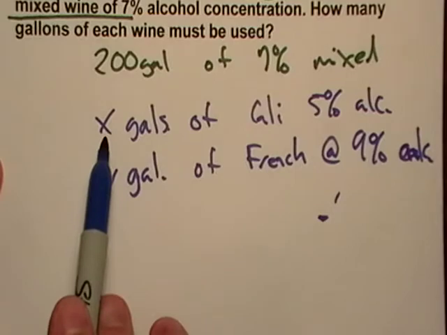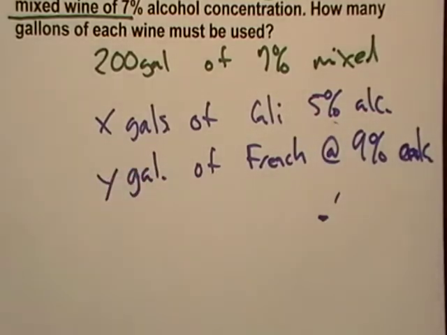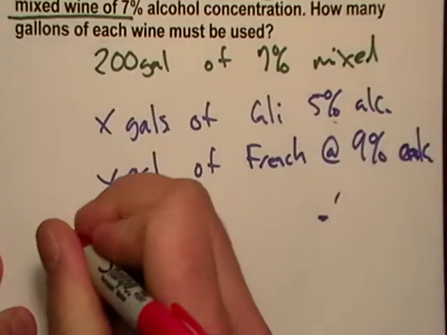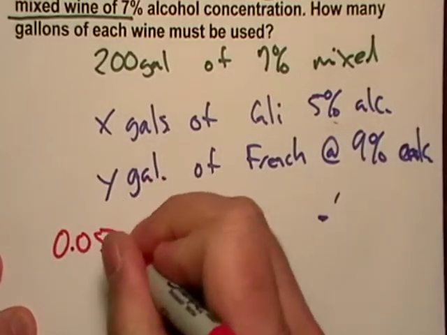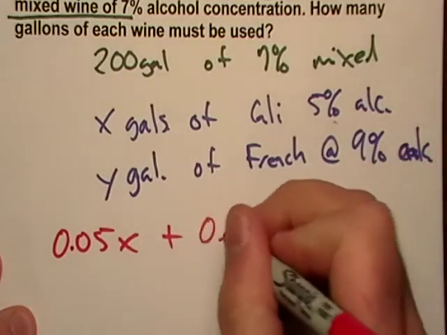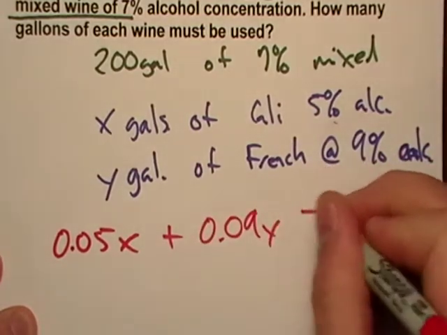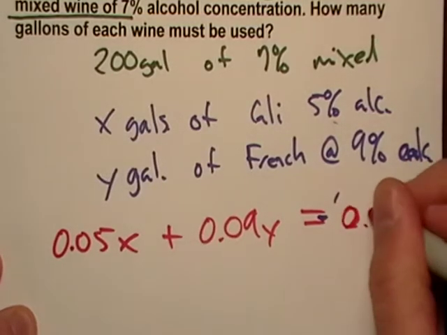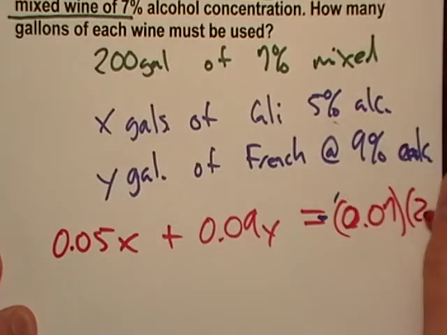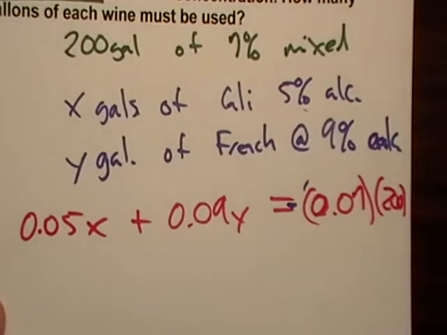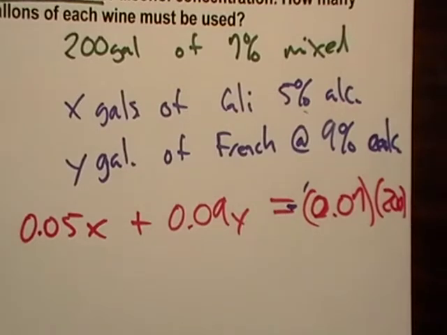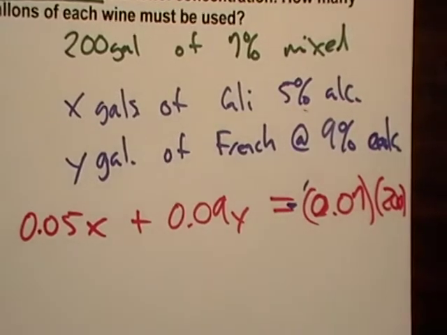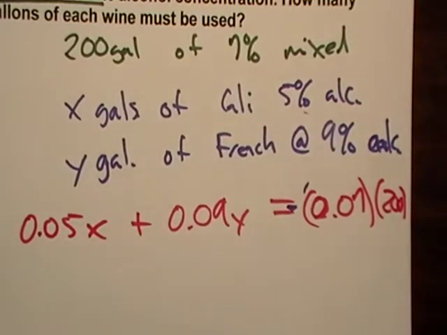So X gallons of 5% wine is 0.05x plus 0.09y equals 0.07 times 200. 0.07 times 200 is 14.